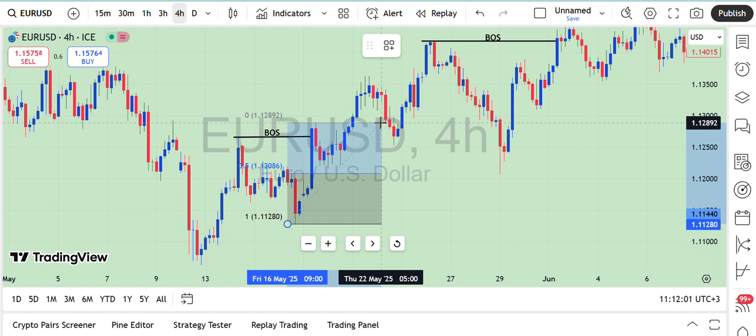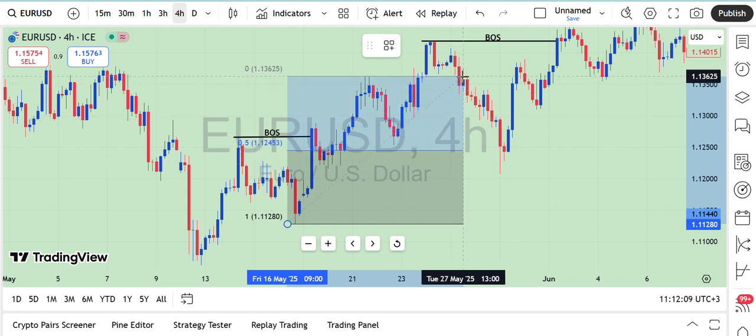It did not come down to 50%, so this pullback is not a complete pullback. Secondly, the second pullback also did not come back to 50%, the discount.